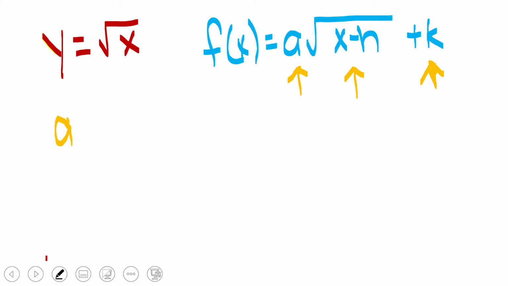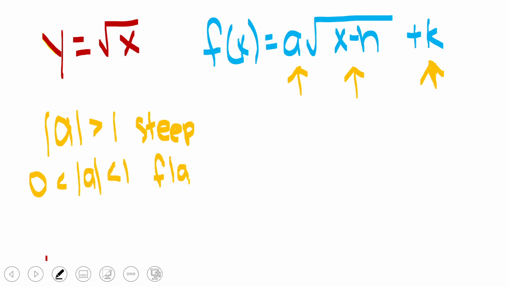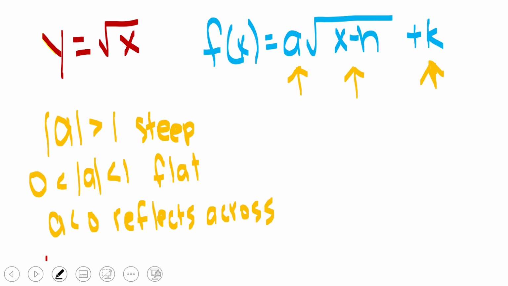So looking at the absolute value of a greater than 1 makes the graph steeper. And when the absolute value of a is a fraction, it makes the graph flat. And when a is less than 0, it reflects the graph across the x-axis. So like an image, a mirror image, and it reflects.